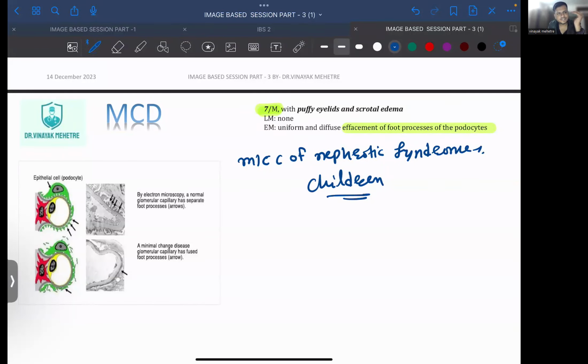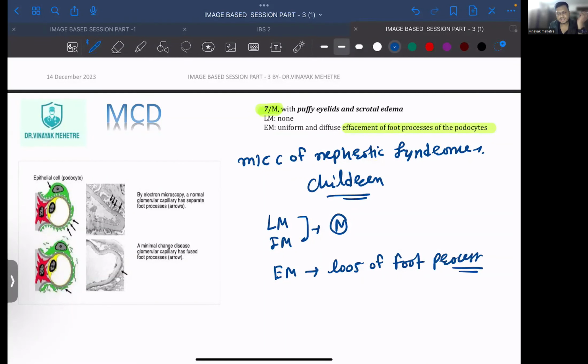The lighter version will be present in our light people, that is children. On light microscopy and immunofluorescence, this will be normal. On electron microscopy, what we are going to see is loss of foot process.